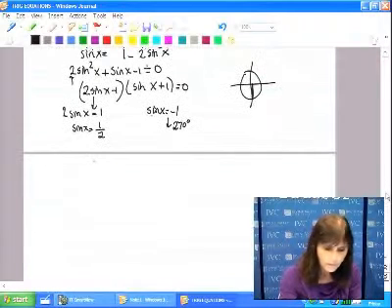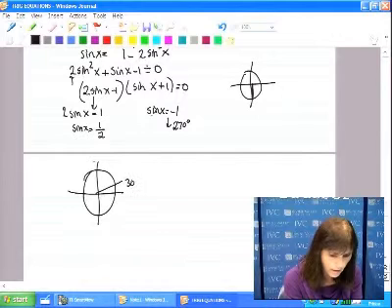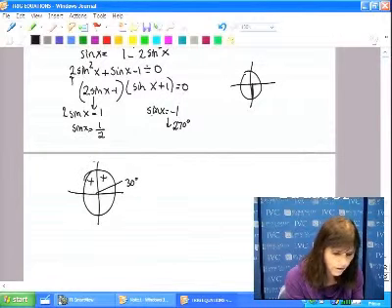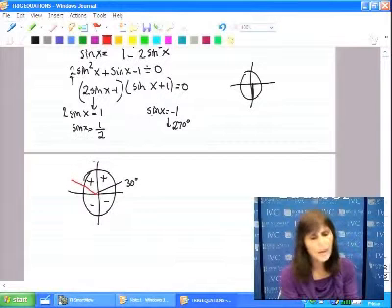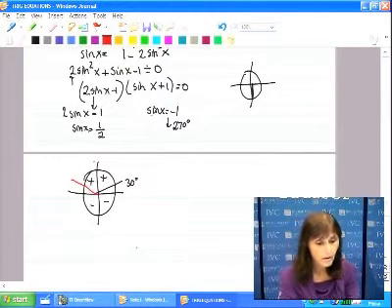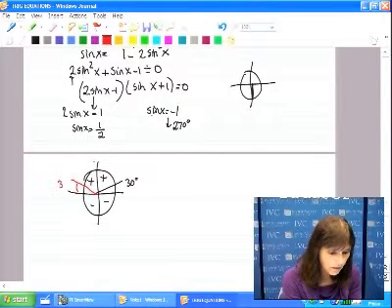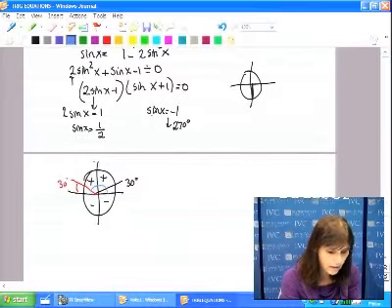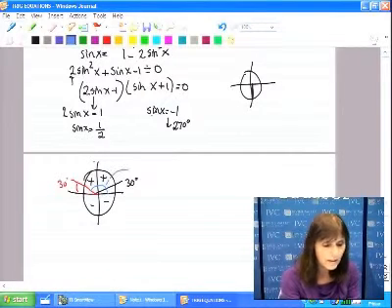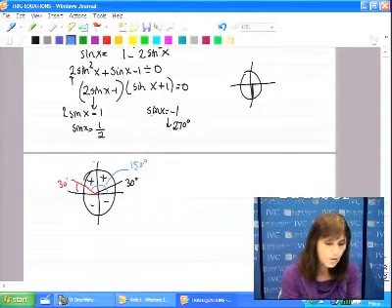Is that the only one? Sine is positive here, so that means this is also going to give me sine of 1/2. So this one is the reference angle. So I need to get this blue one, and the blue one is 180 minus 30, which is 150. So let's put it together.